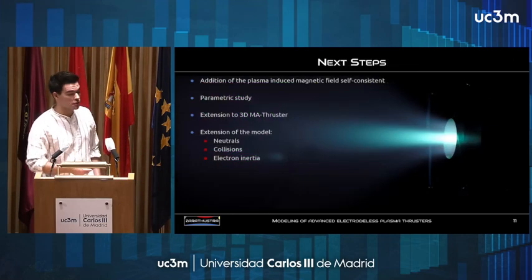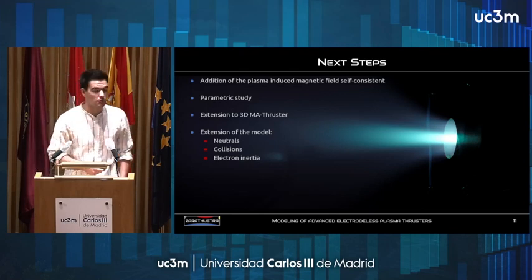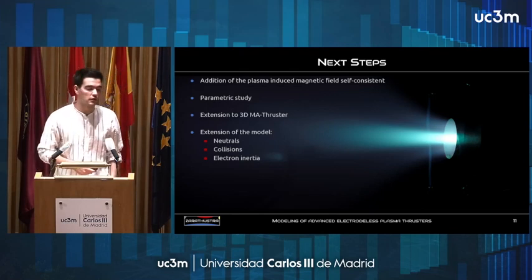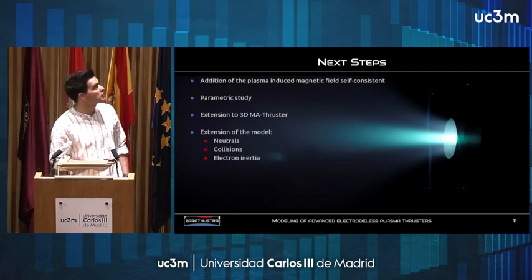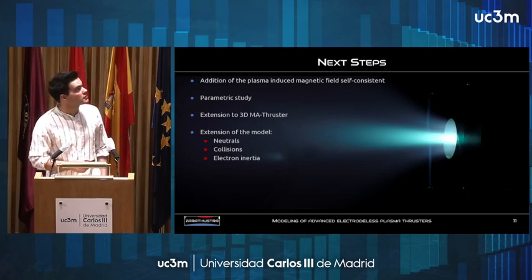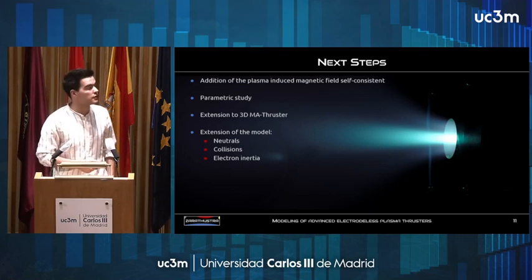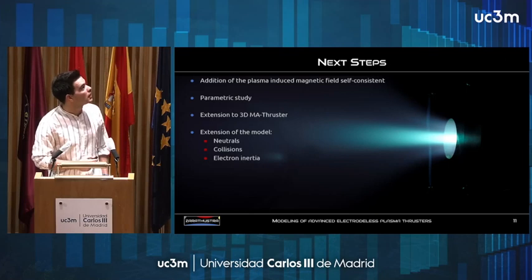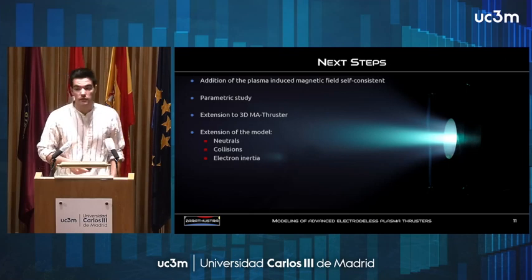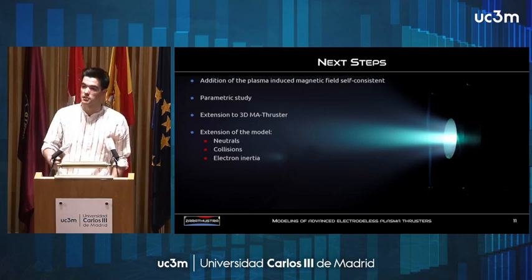That's all for the simulations, which, as Elian said before, will be presented in the International Electric Propulsion Conference next week. The next steps for the next year in the thesis, in principle, are to add the self-induced magnetic field in a self-consistent way.